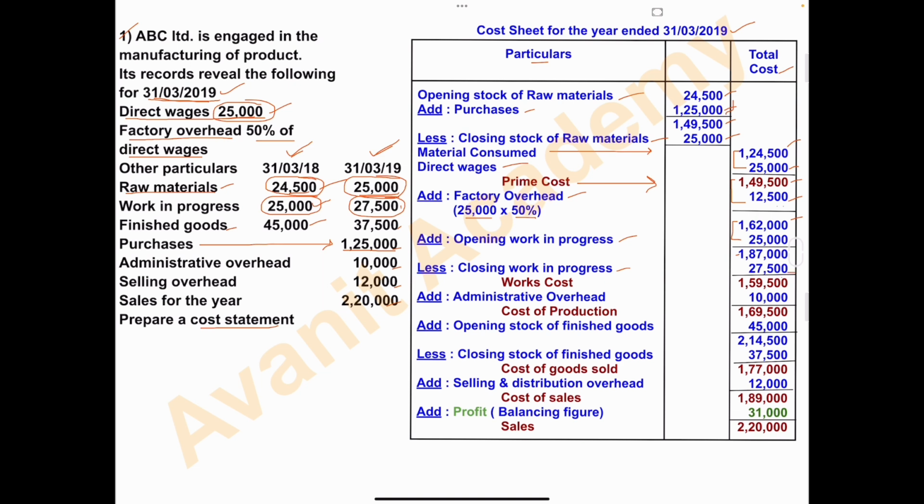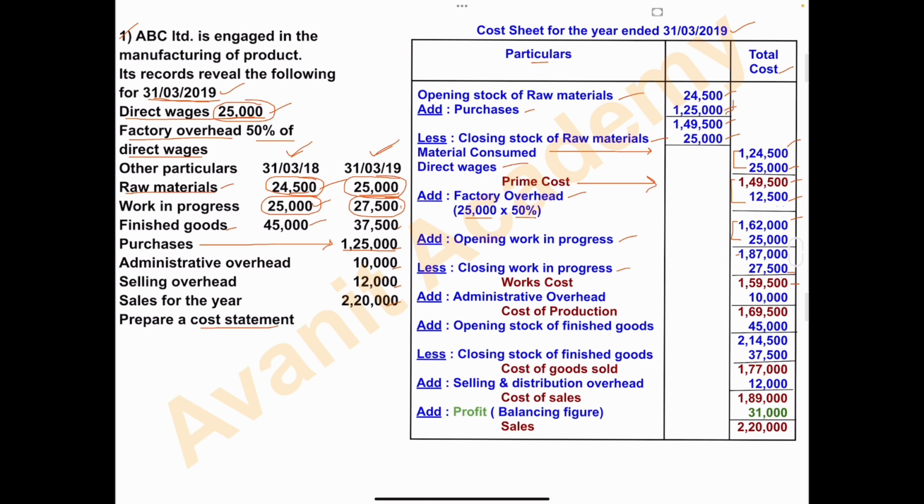From 1,87,000 minus 27,500, you will get the amount 1,59,500.